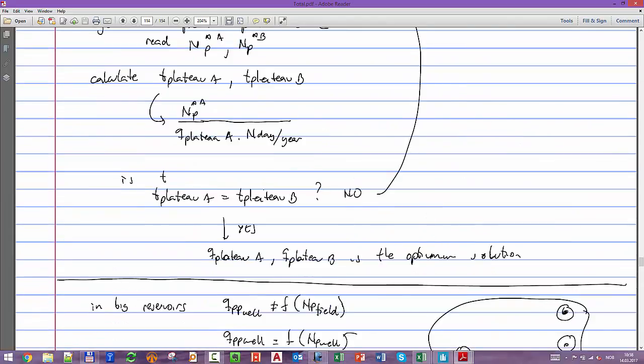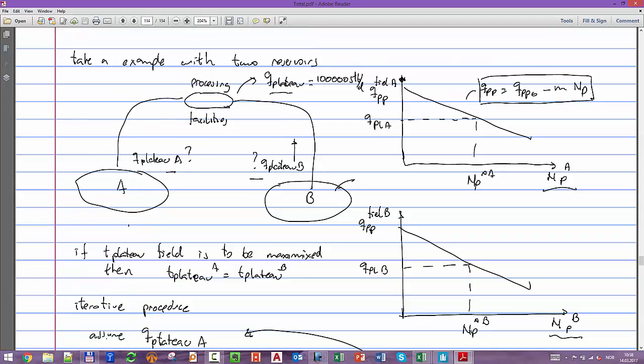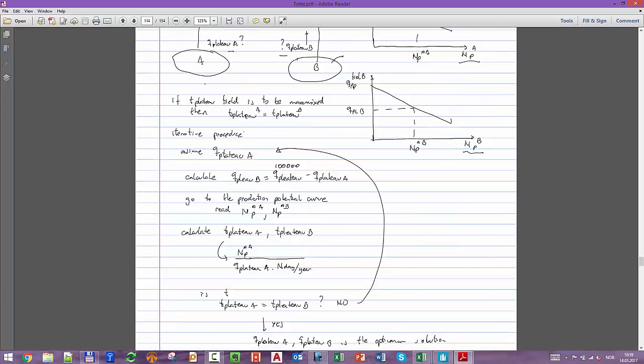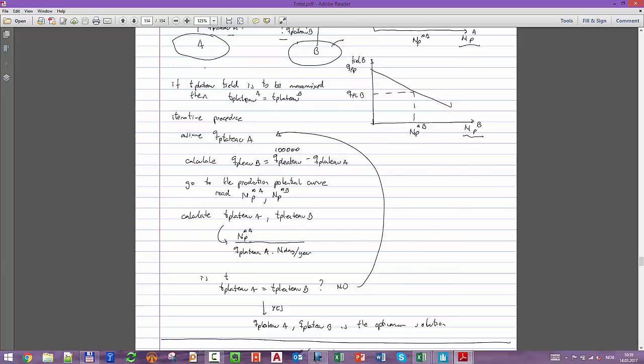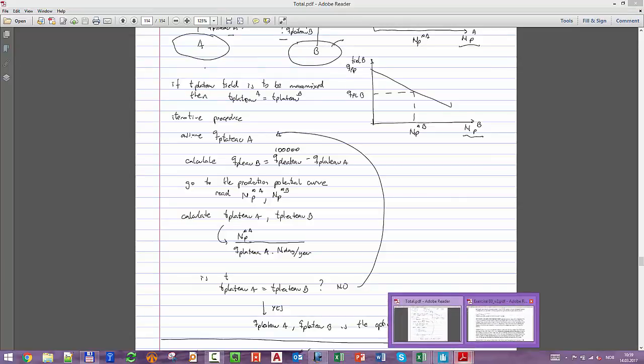Okay, this is page 114. So you want to make sure that the two fields enter into the client at the same time, and there is only one unique plateau rate for both fields, right? So what I suggest to solve it is to first find that splitting, find that value, that you're getting from that question anyhow.